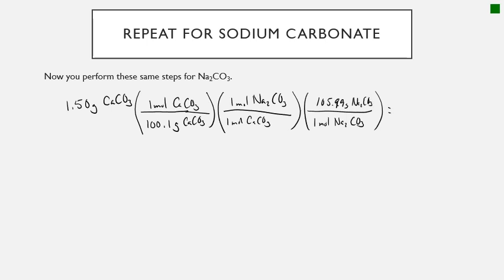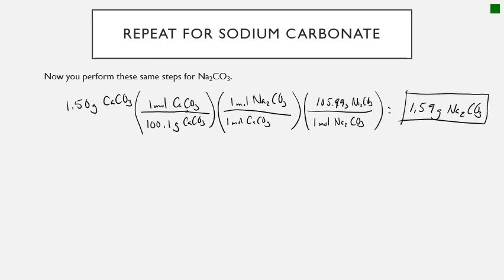Okay, so then you're going to run that calculation, and the mass of sodium carbonate that I'm going to need is 1.59 grams of sodium carbonate. I would recommend that you just run this through your calculator to make sure you can get the same information that I'm getting. So that's the amount of sodium carbonate that I need.